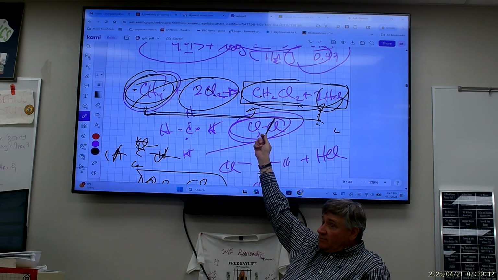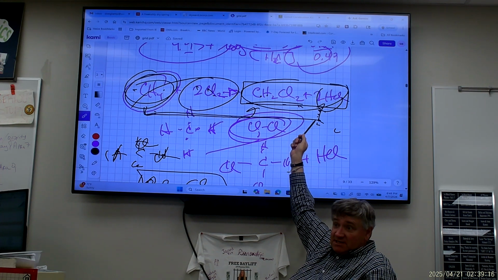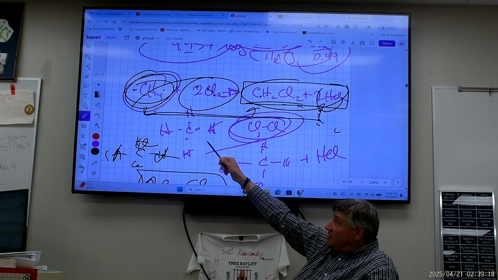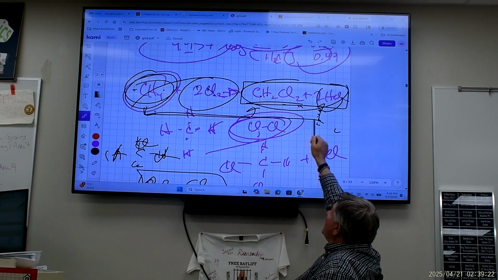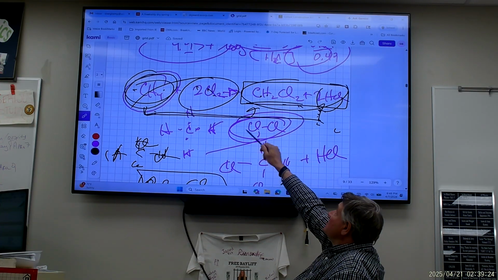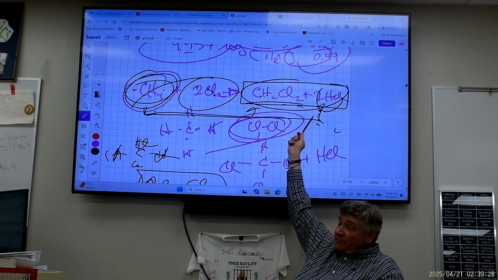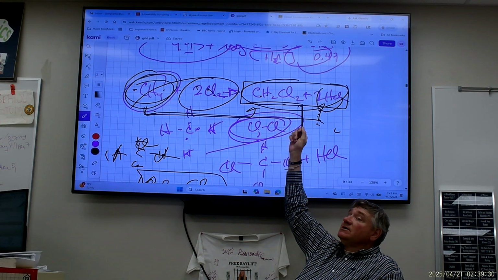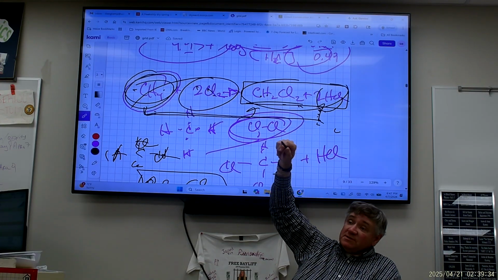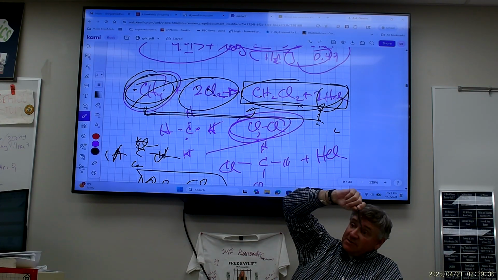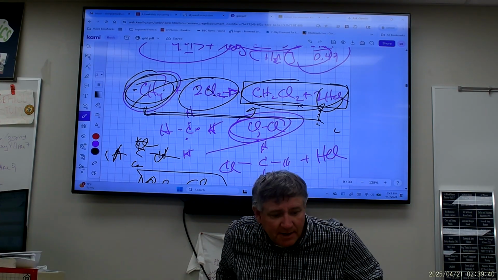But if you do the math on your HCl, starting with 500 torr, there's a 1, there's a 1, there's a 2, so you would actually be producing 1,000 torr of pressure over here in terms of your HCl. So just keep in mind, on this test on Thursday, you can work this in terms of moles, and you can also work it in terms of pressure.